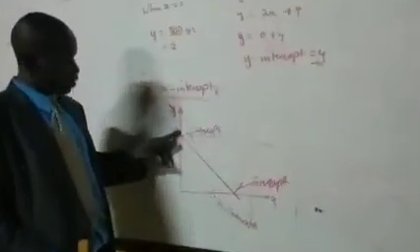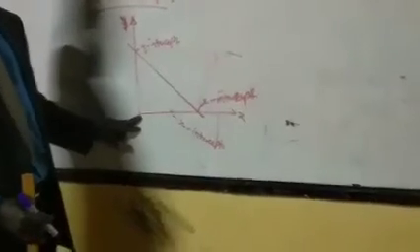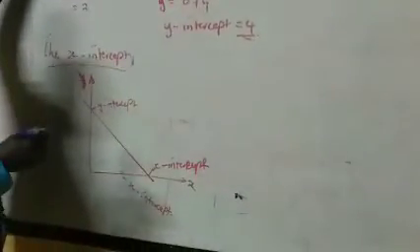The line only cuts the y-axis when the value of x is 0, and the line only cuts the x-axis when the value of y is 0. So it is important to note that the x-intercept is found when y is 0.